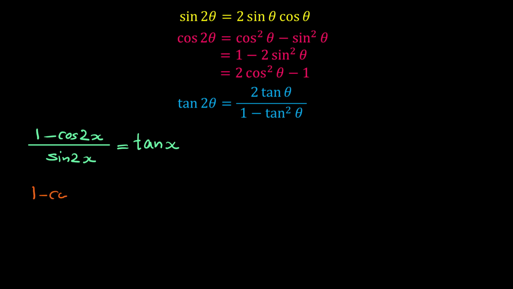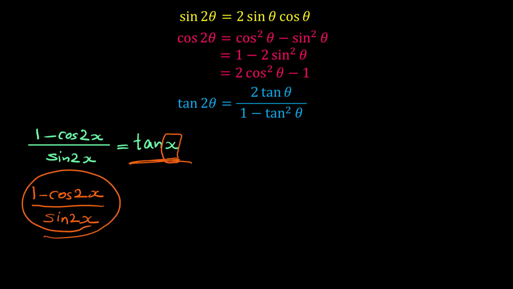In the left side, we have 1 minus cosine 2x over sine of 2x. By looking at the other side, we can see that in the right side, we have tangent x. But in the left side, we have double angles for cosine and sine.